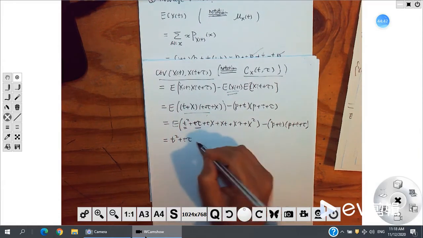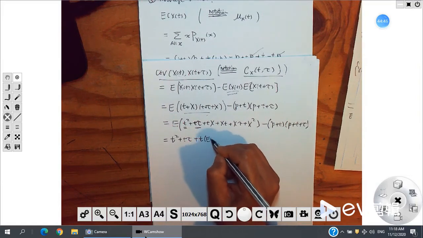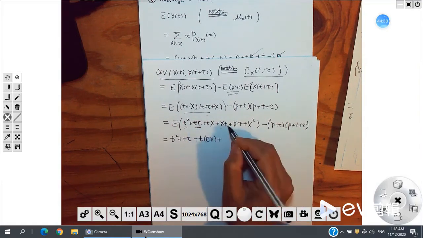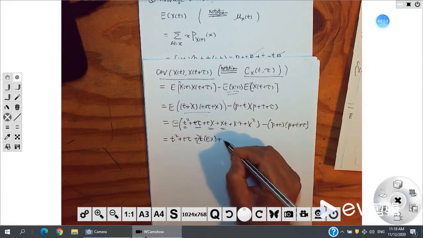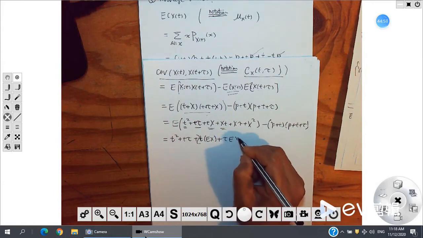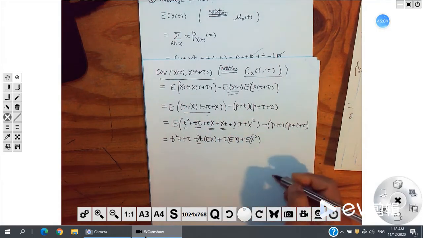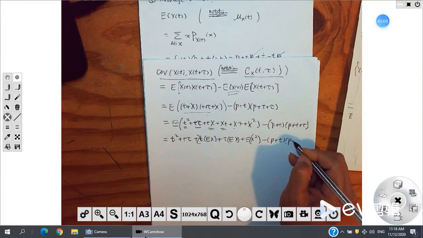This one is t times E of x, and this is also t times E of x, so these two I can merge together. Plus this is tau times E of x, and E of x squared, and minus p plus t and p plus t plus tau.